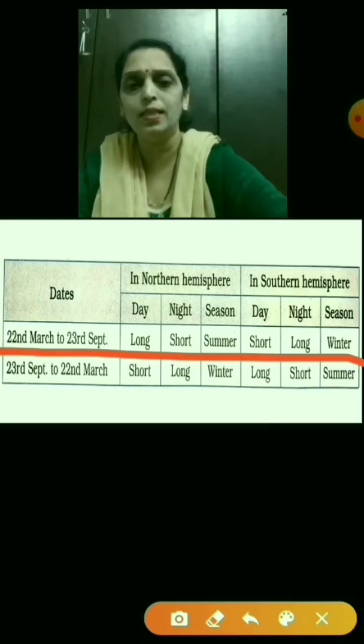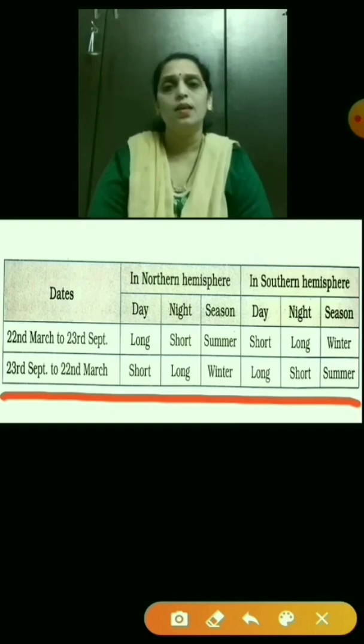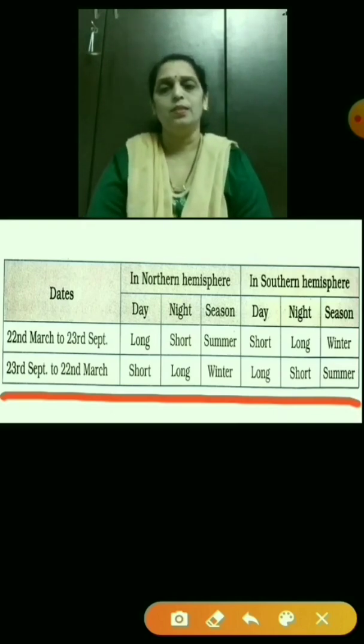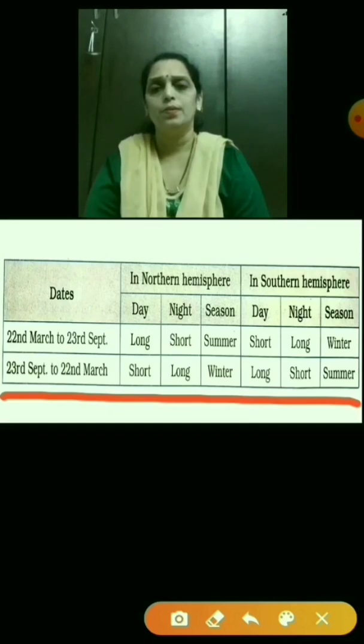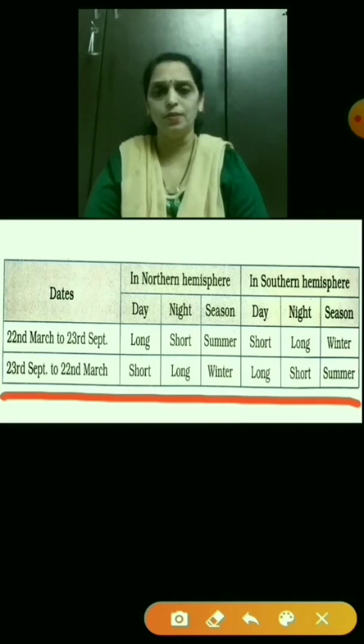Now let's see the next one. Students, as we have seen in the explanation before, the same has been mentioned in the table below also. The date is given: 23rd September to 22nd March in the Northern Hemisphere.